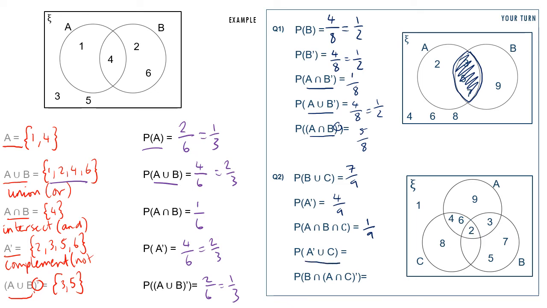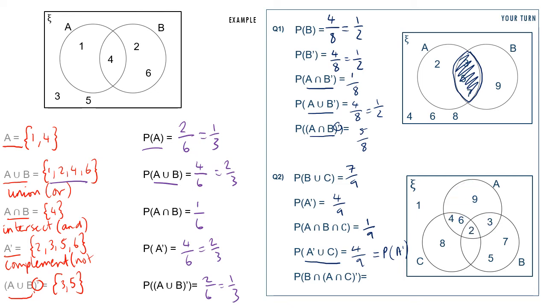Here we've got the complement of A, so not in A or in C. Now that gives us those 4 numbers out of 9. It would be exactly the same if we're looking for the probability of not in A.